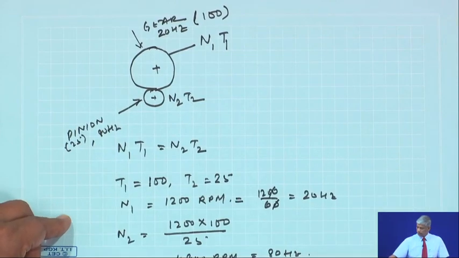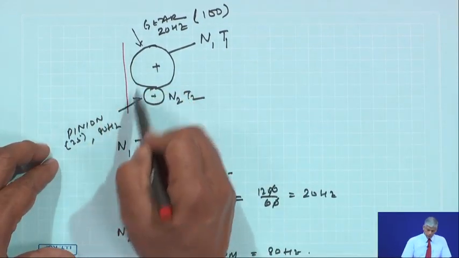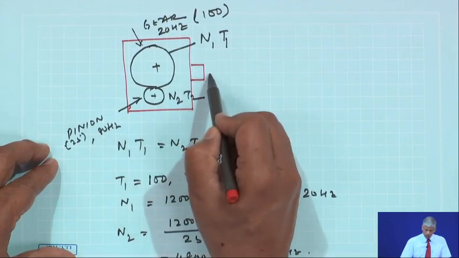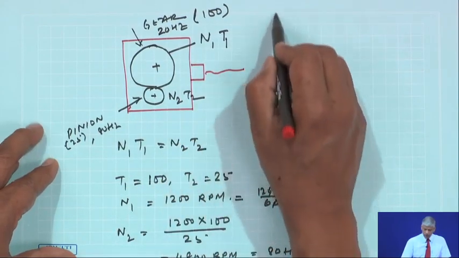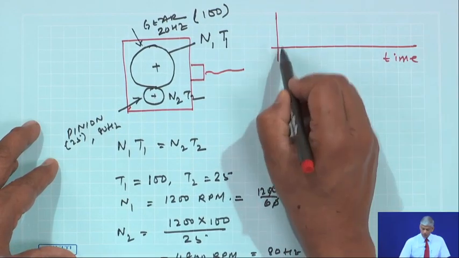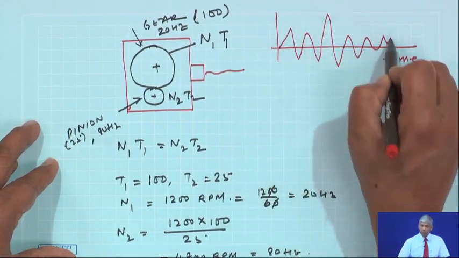So if I put this in a casing and put a transducer and take a signal from such a gearbox, I will get a signal like this.